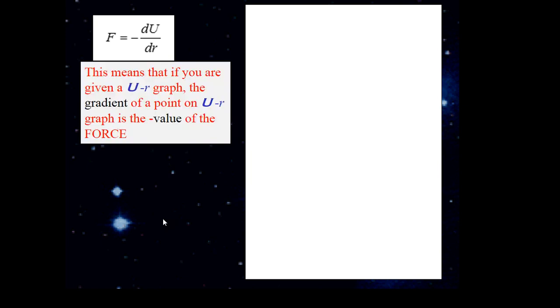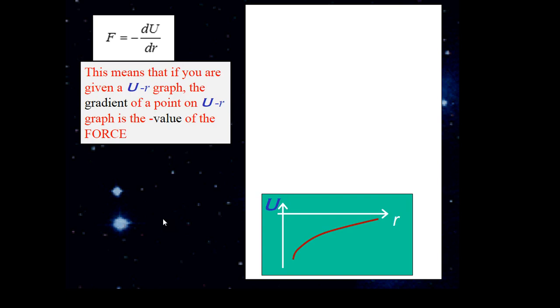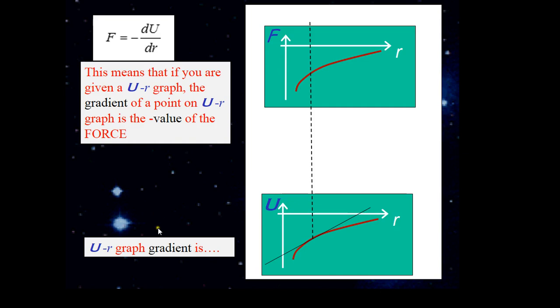So, first one, F equals negative dU/dr. If you are given a UR graph, it means that the gradient on the UR graph, you draw a tangent. This tangent at this point gives you a positive gradient.